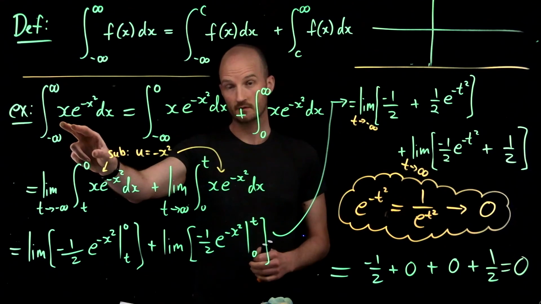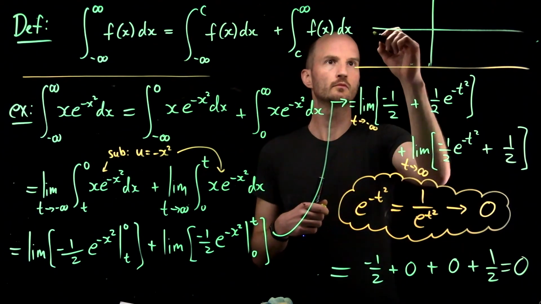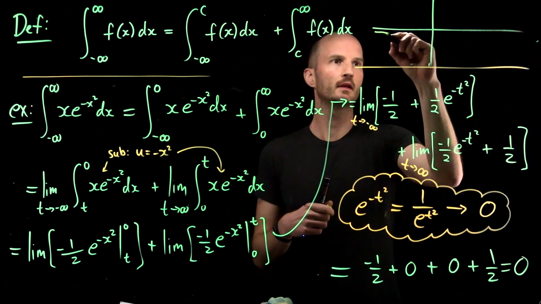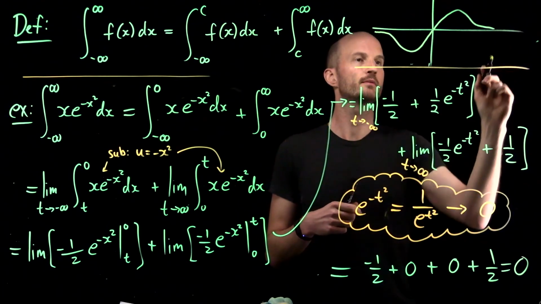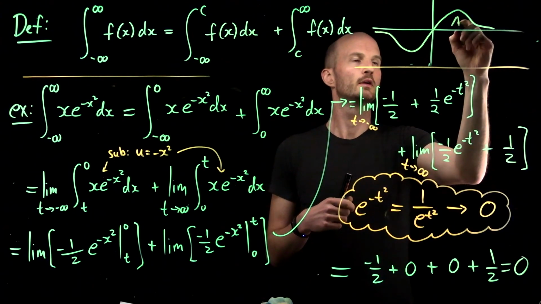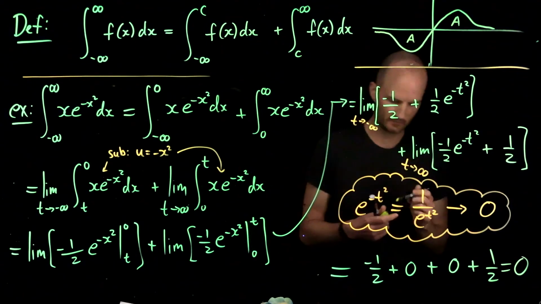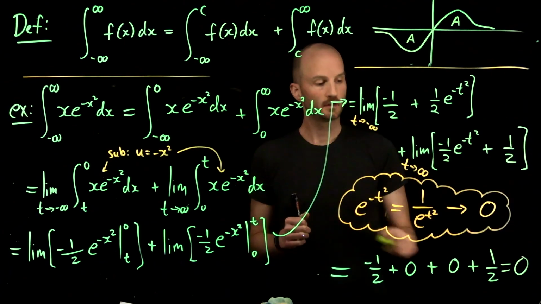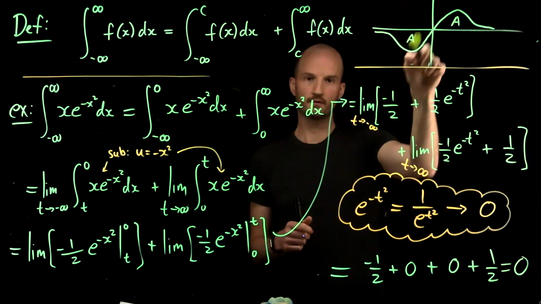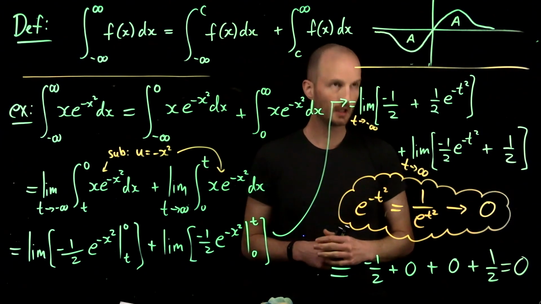When x is positive, this thing here is positive. Now, what you get is something that looks like this, and there's symmetry. You have an area here, and you have an area here, and they're the same area. So they are canceling to give 0. I get the negative a half from this guy over here, and the plus a half from this guy over here, and that's how we get the 0.